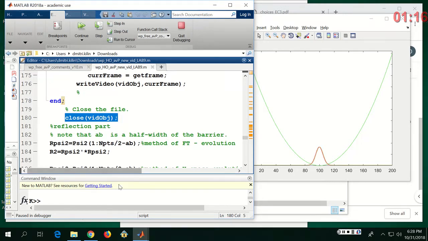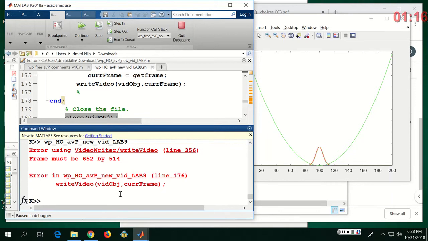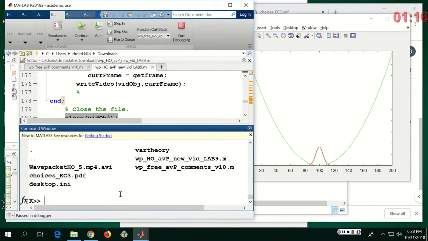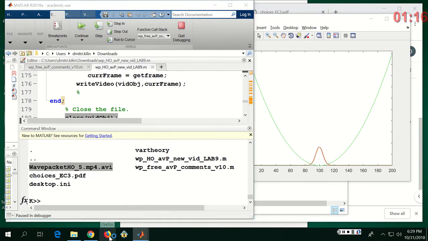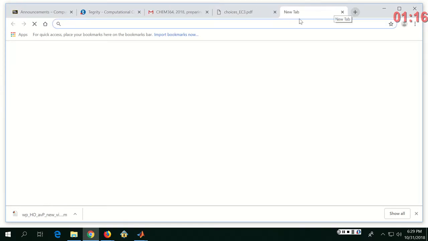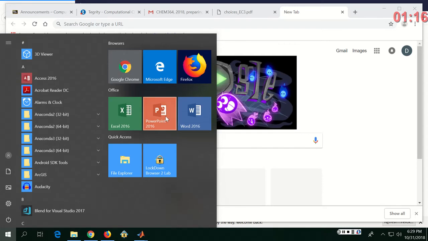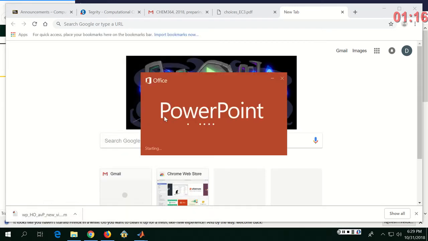And then if you look into your directory where you were practicing, there should appear the file that you have requested. And if it was a healthy file, you should be able either to include it into PowerPoint or upload it to YouTube, or do both.